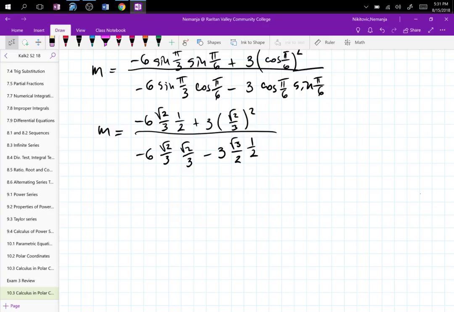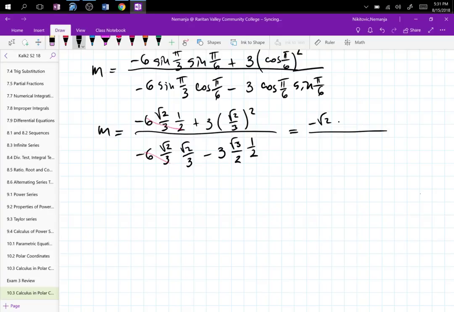So all you need to do now is to compute all of this. Now see that 6 kills the 2 and 3, and then over here 6 kills 3. So some stuff simplifies. We have negative root 2. 3 will kill one of the 3's, so we have root 2.